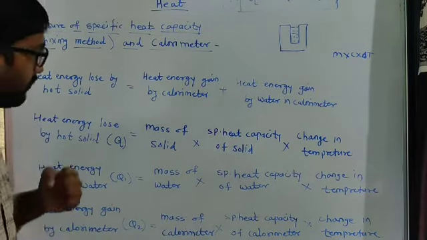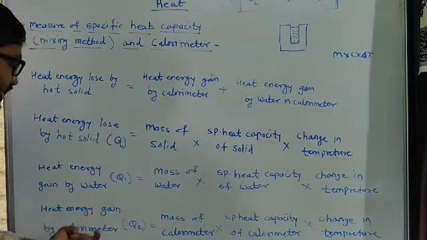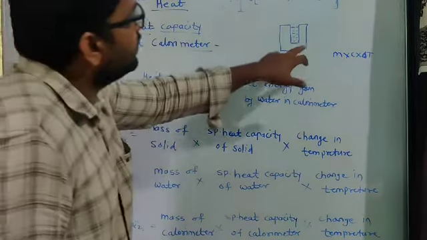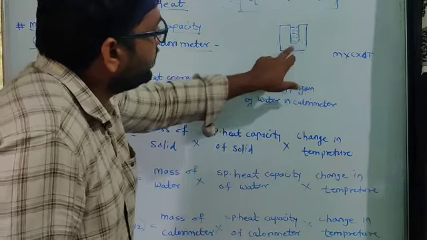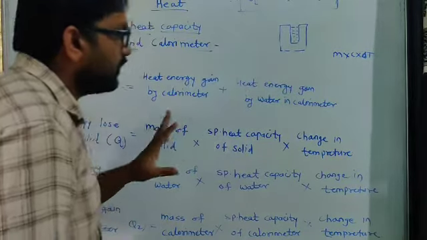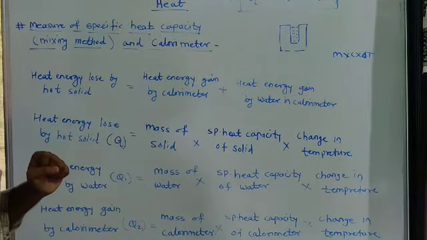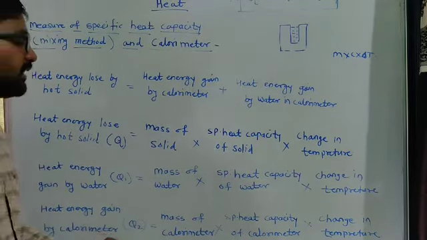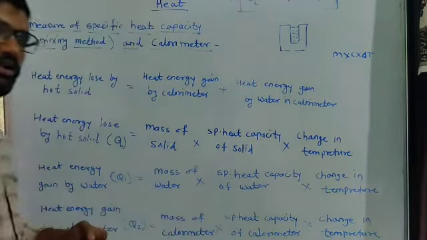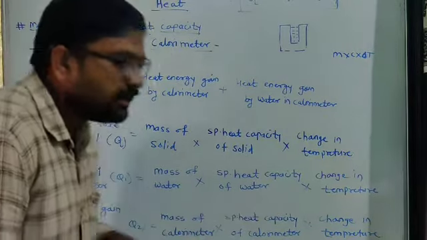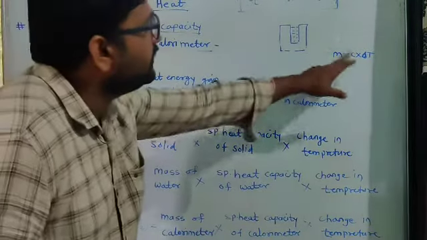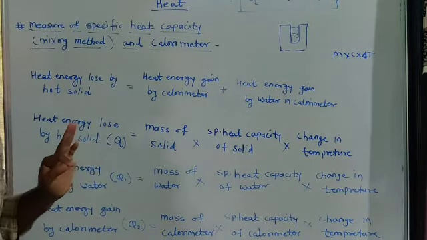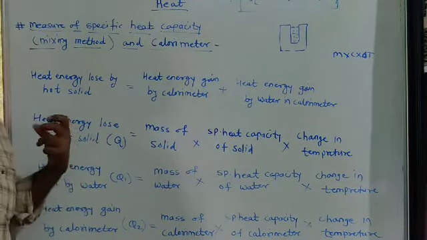Now third, we have to calculate the heat energy gained by the calorimeter, that we call Q2. The heat absorbed by the body of the calorimeter is given by mass of calorimeter into specific heat capacity of calorimeter into change in temperature, m c delta T. We use this formula when an object gains or loses heat energy.